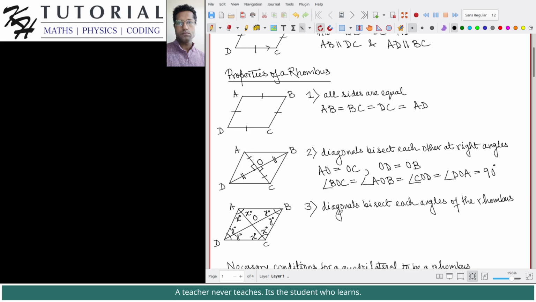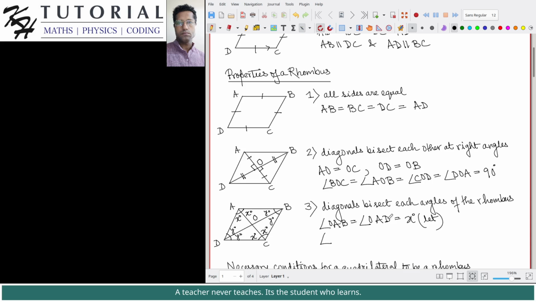Why? Because diagonals bisect each angle of the rhombus. So we will have angle OAB equal to angle OAD equal to x degree. We don't know what x is, but these two angles will be the same.